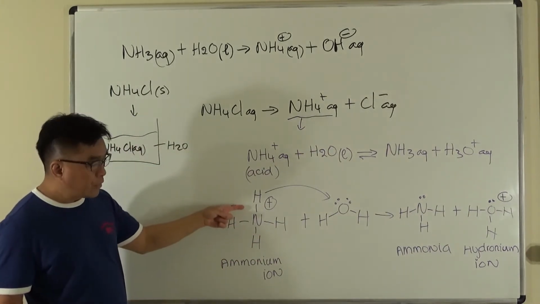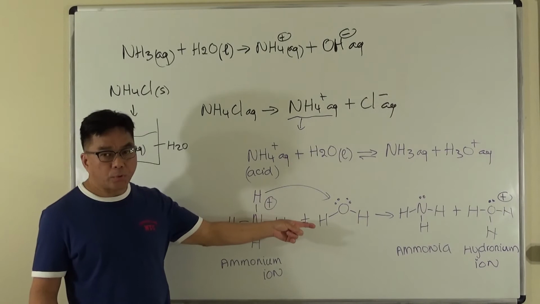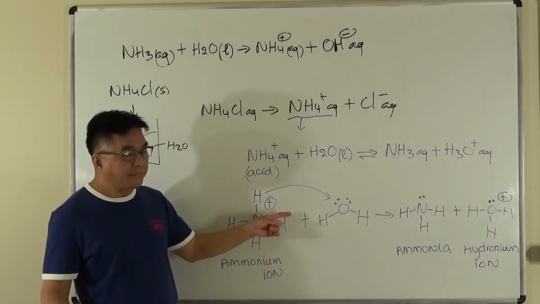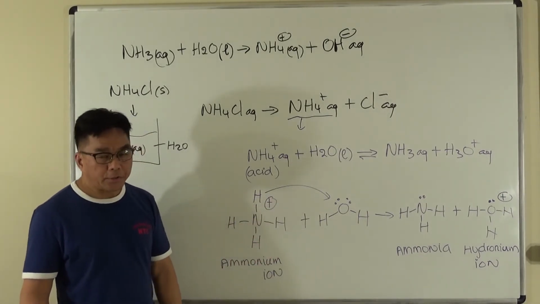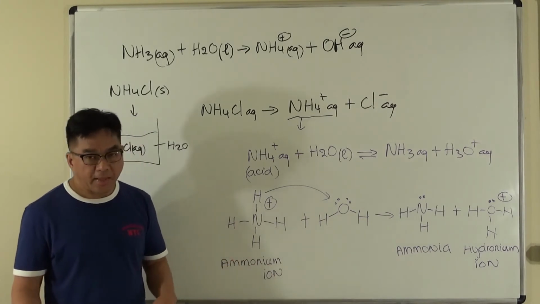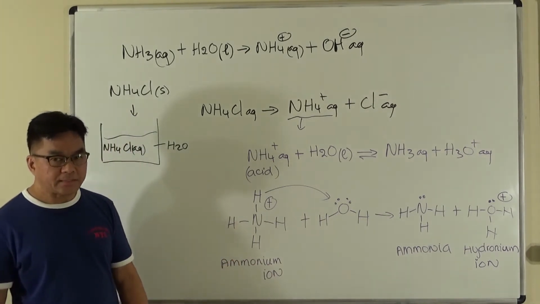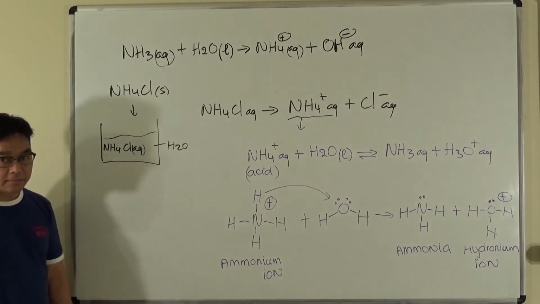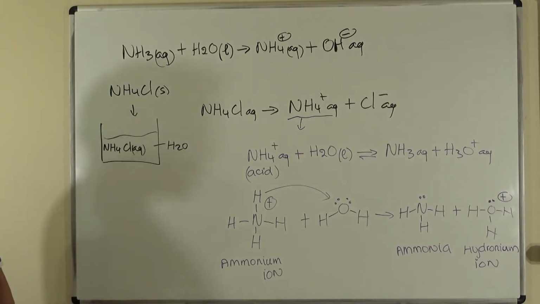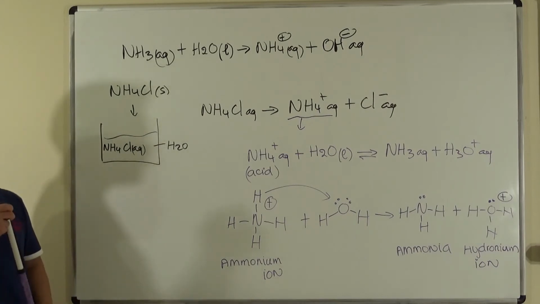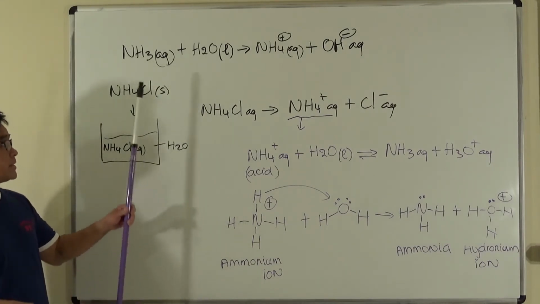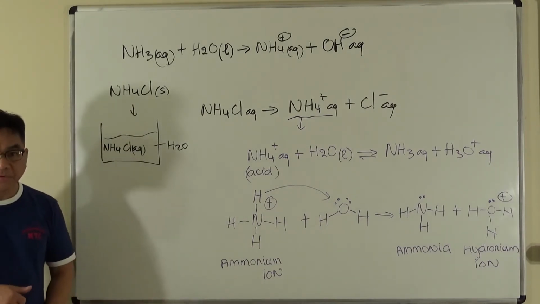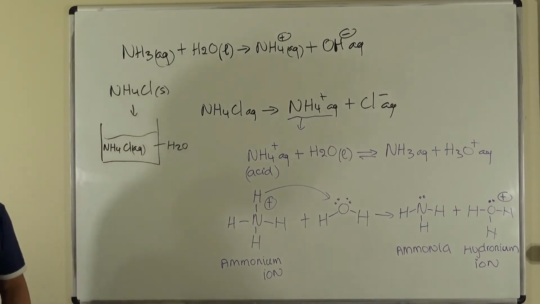The ammonium ion will release a proton to the water, and because of that, it causes the solution to be slightly acidic, so it acts as an acid instead, and not a base. Ammonia is a base. So don't confuse those two, ammonium ion and ammonia. They have different characteristics in solution.